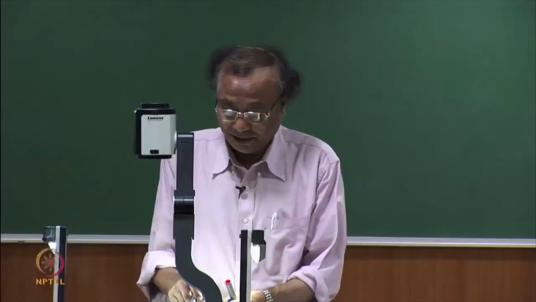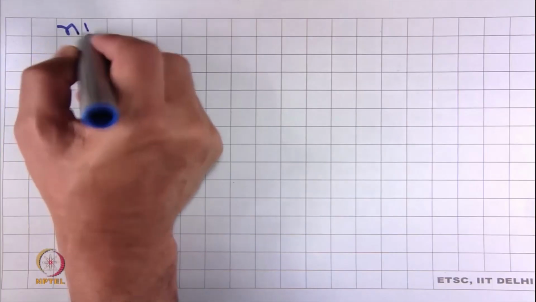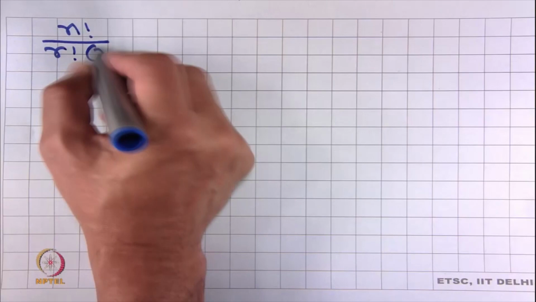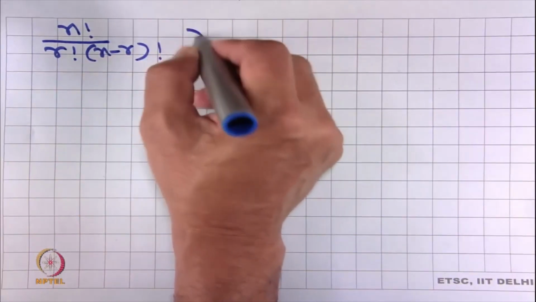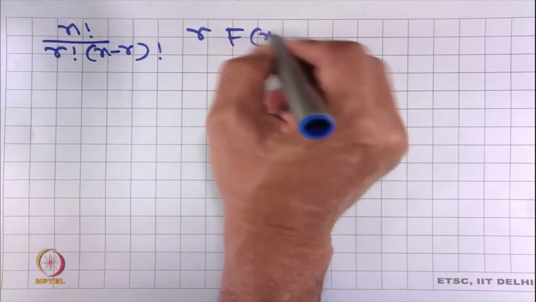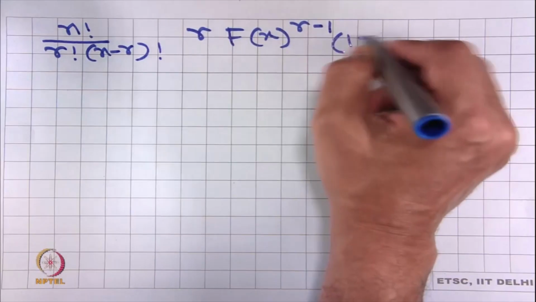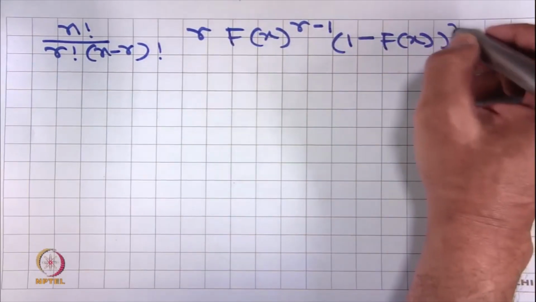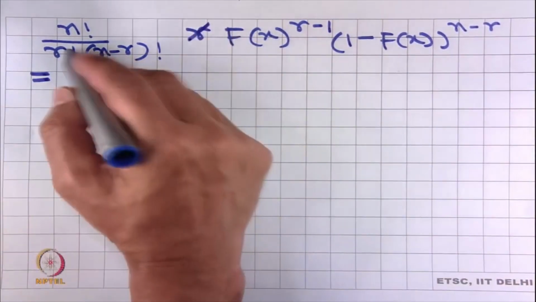Now, let us simplify it. n factorial upon r factorial into n minus r factorial multiplied by r into f(x) to the power r minus 1 into (1 minus f(x)) whole to the power n minus r is equal to, this r cancels with this.